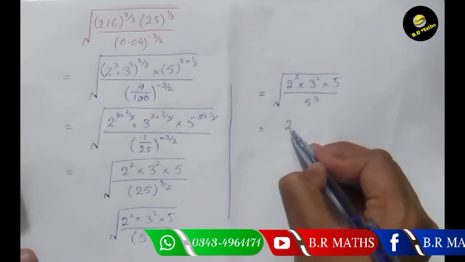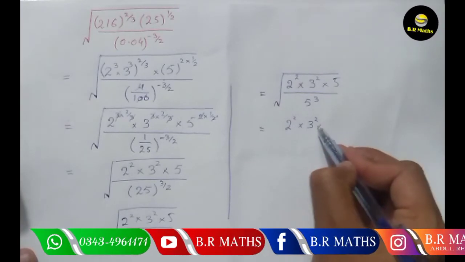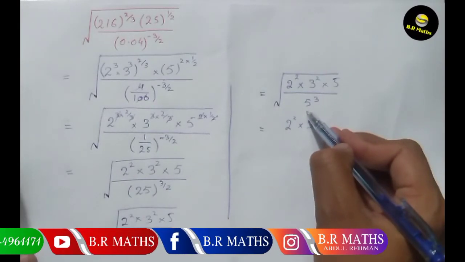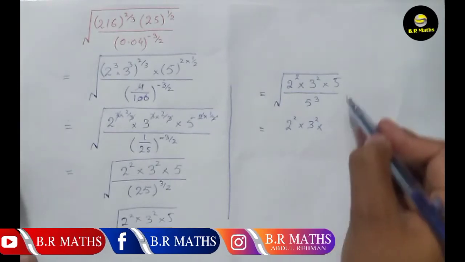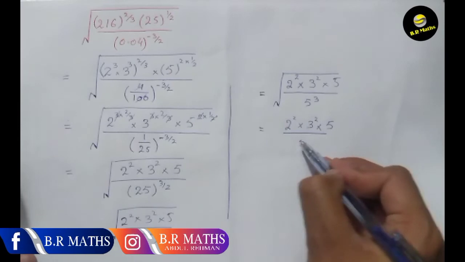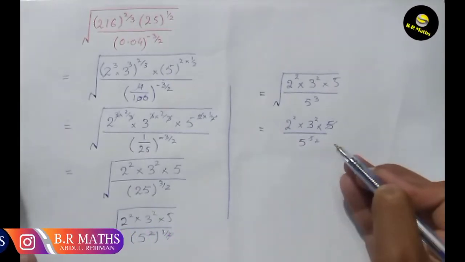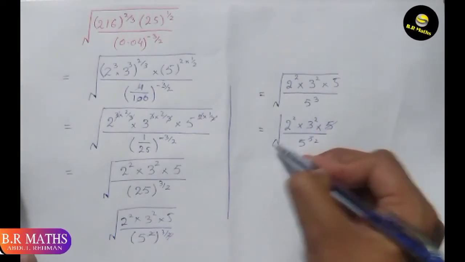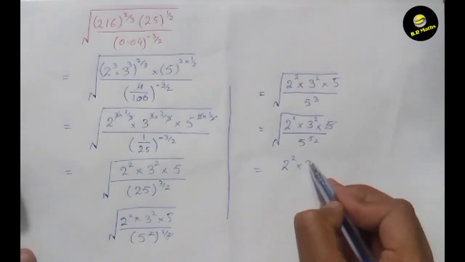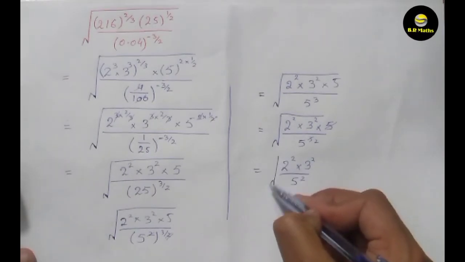Okay, so 2 square, 3 square, and in this case 5 raised to power 3. So one 5 cancels with this 3 and 2 remain: 2 square, 3 square and 5 square, and the whole square root.